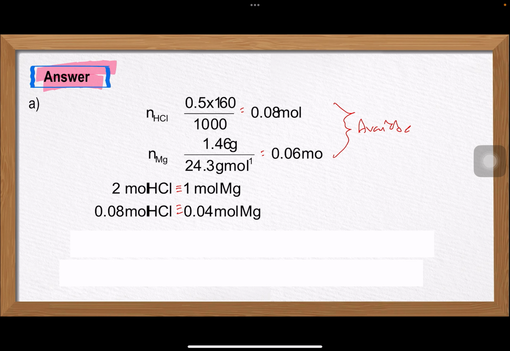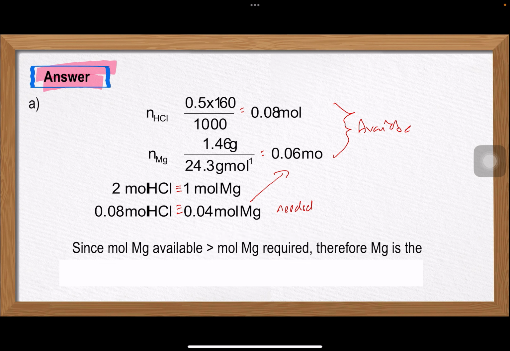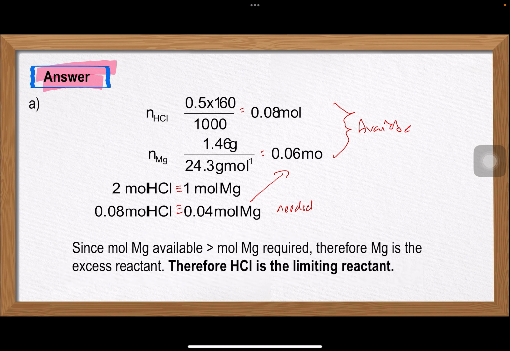So this is the mole needed. We compare the mole needed with the mole available: 0.06 is available, needed is 0.04. So the mole available is more than needed. That's why we can conclude that magnesium available is more than magnesium required. So magnesium is in excess, which means HCl is the limiting reactant.